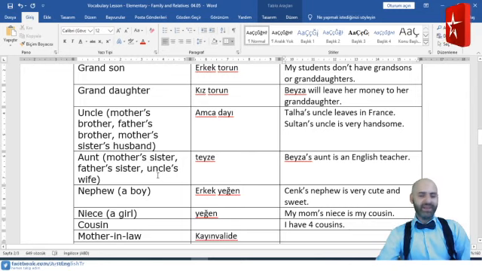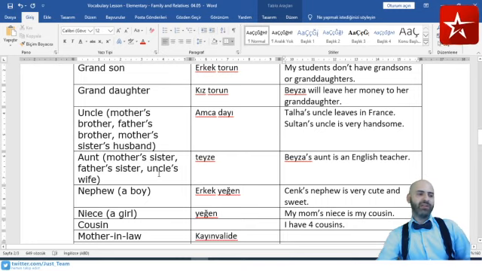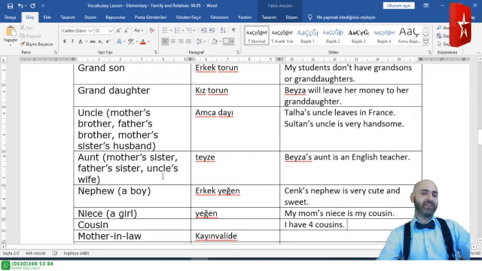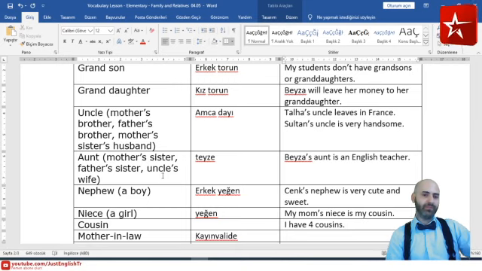Now, let's talk about relatives who are not part of your family, but they become part of your family after marriage. Okay? For example, if I marry someone, my wife's mother will be my mother-in-law.